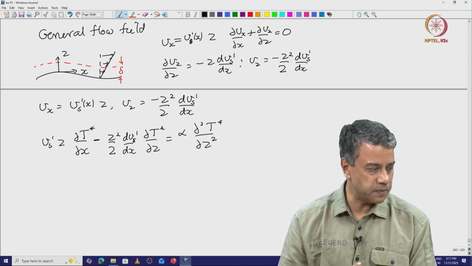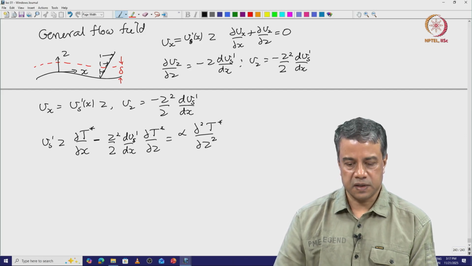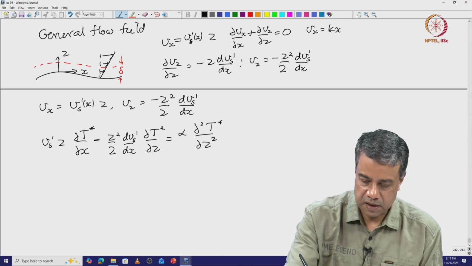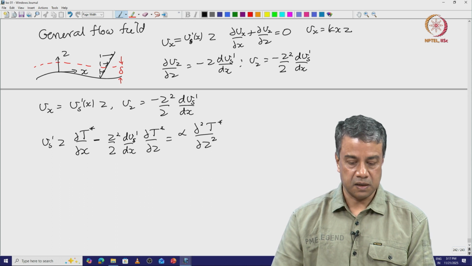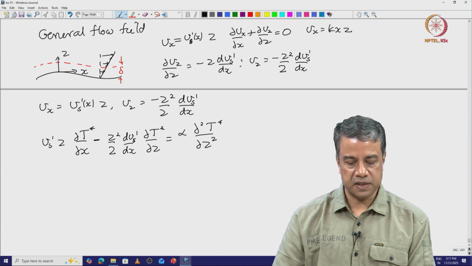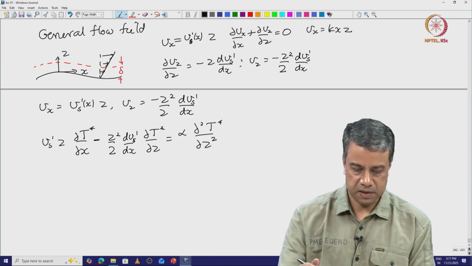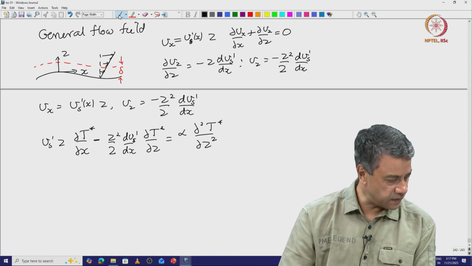The strain rate is independent of the downstream coordinate. If you recall, for the stagnation point flow, we got Vx is equal to k x times z. Therefore, Vs prime is equal to k times x. So in general, this Vs prime is a function of x.